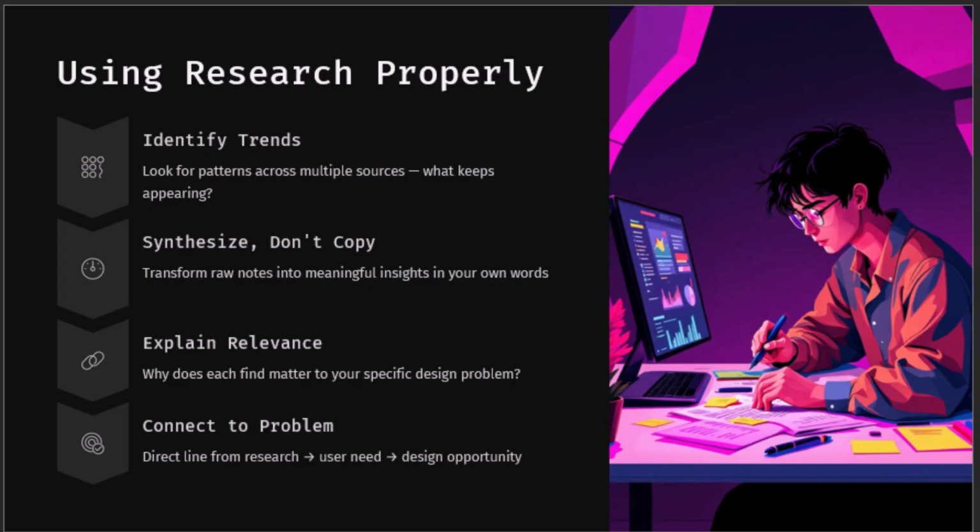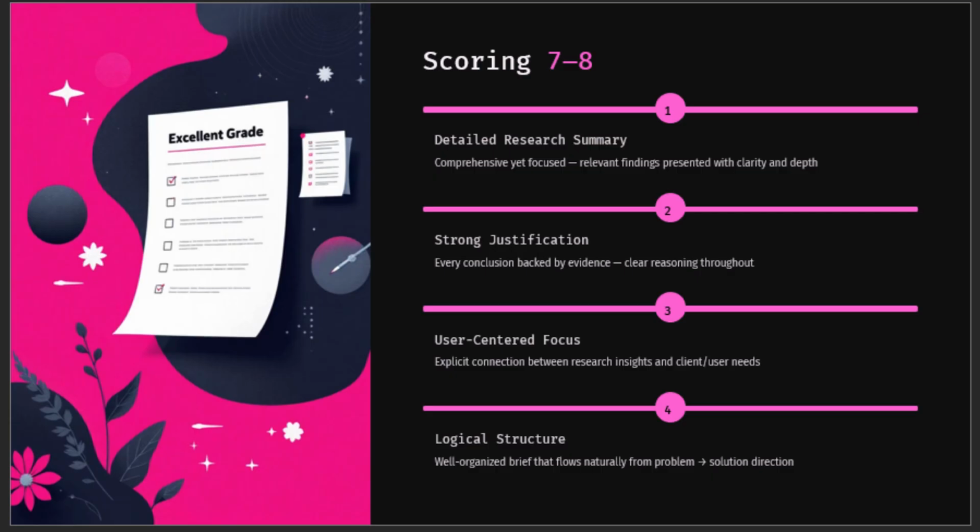What should be in a high-level design brief? Here I'm going to focus on our 7 to 8 level brief, which includes the following. Your design brief should clearly address 5 core elements. 1. The client or the target audience.